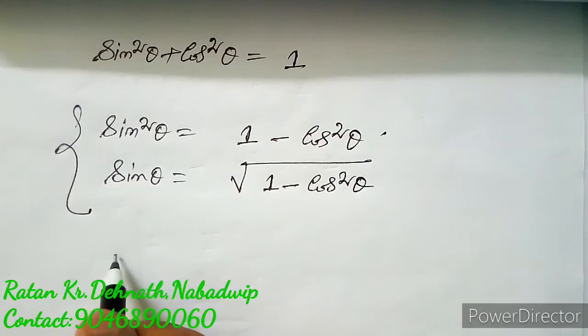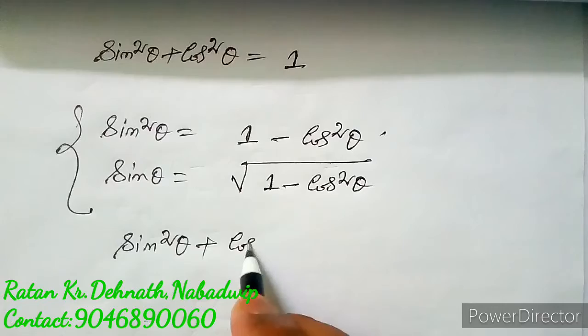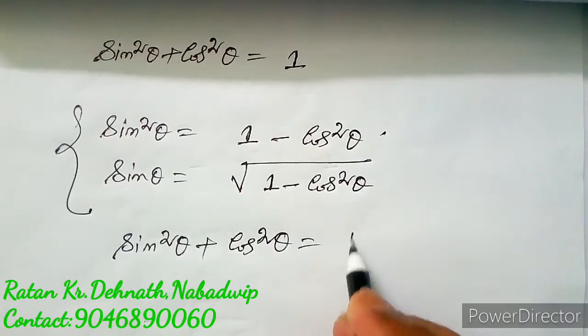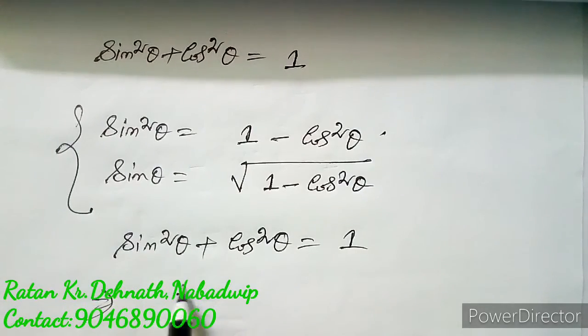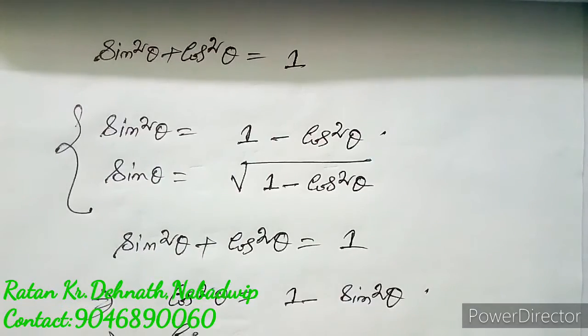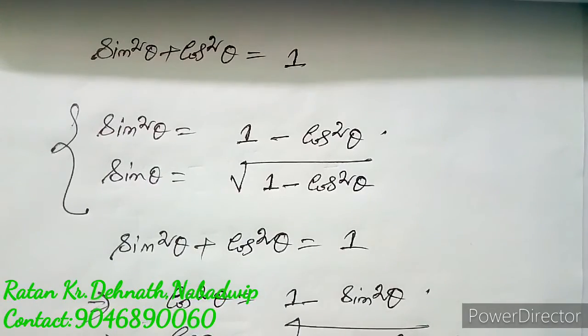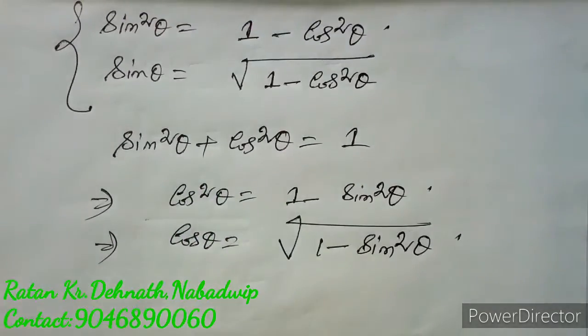Similarly, we can also write cos square theta equal to 1 minus sin square theta, or cos theta equal to root 1 minus sin square theta. So we have to change this formula according to our need.